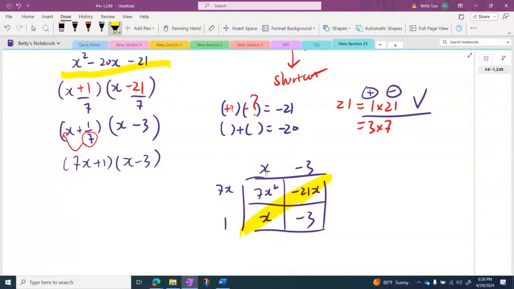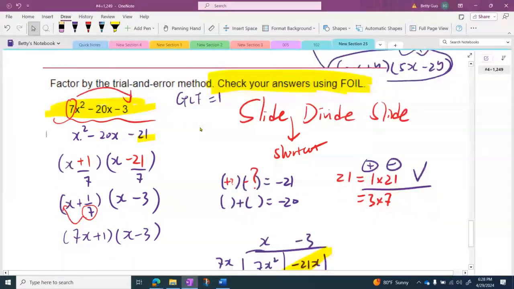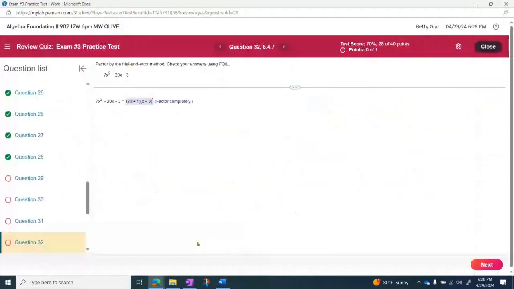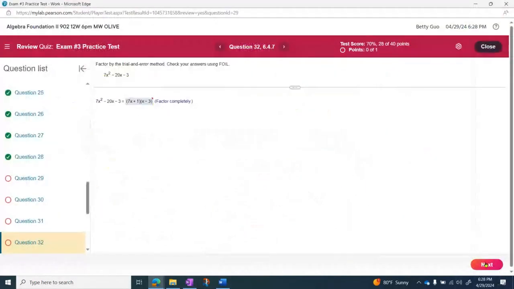Same with the original polynomial. All right, let's go back. 7x plus 1, x minus 3. Same with ours. Next question.